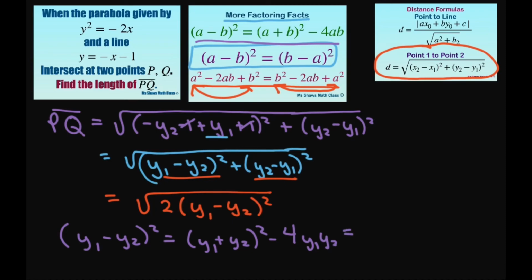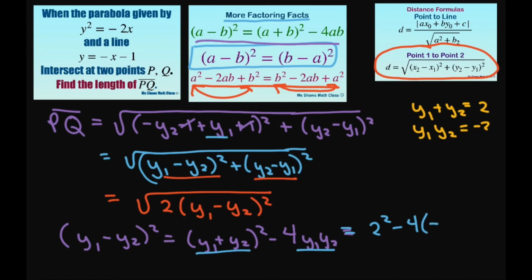So basically, we already have our y sub 1 plus y sub 2, and that was equal to 2, and our y sub 1 times y sub 2 was negative 2. And by the way, all of this is square root, right? So we'll square root it in a minute. So just this part right here is going to equal 2 squared minus 4 times negative 2. And this equals 12.